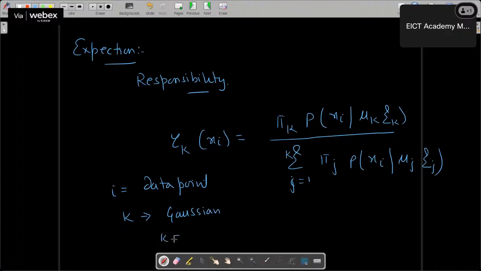In this 1D data, k is 2 and i goes up to 5.